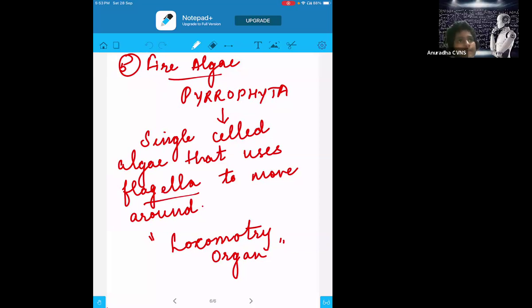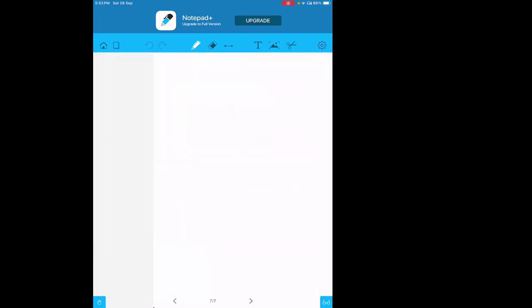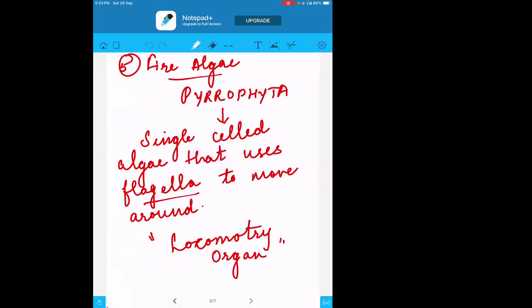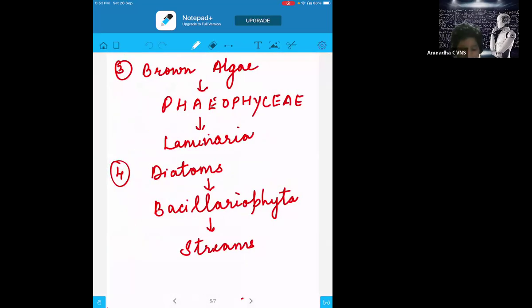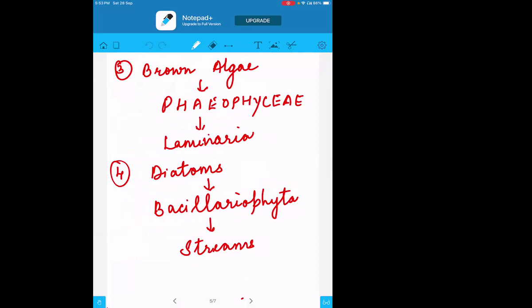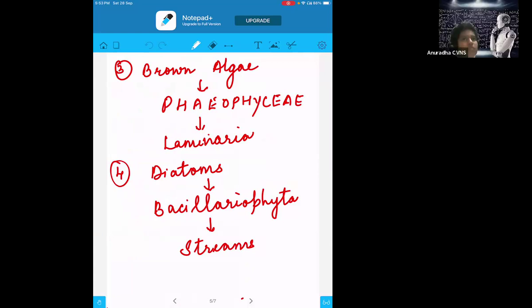In the diatoms category, we have Bacillariophyta, no, ma'am. Yes. Bacillar means it's a rod-shaped plant.